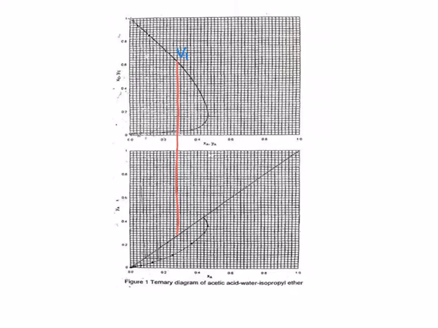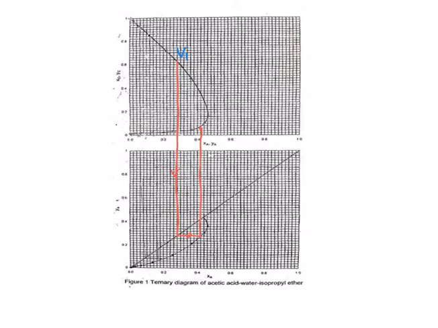Then from this 45-degree line, you draw the horizontal line. Next, draw the vertical line upward, because you need to know your tie line.